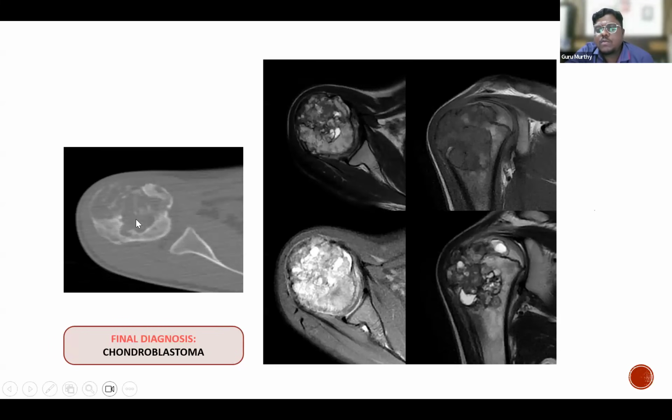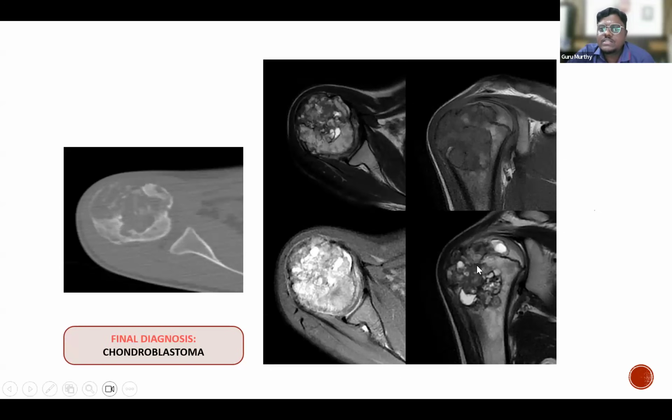So, imaging modalities: X-ray is more than enough to diagnose or come to a differential diagnosis. The role of CT comes only when you have difficulty identifying or appreciating the matrix of the lesion, to pick up the cortical breach, or to analyze the fractures.